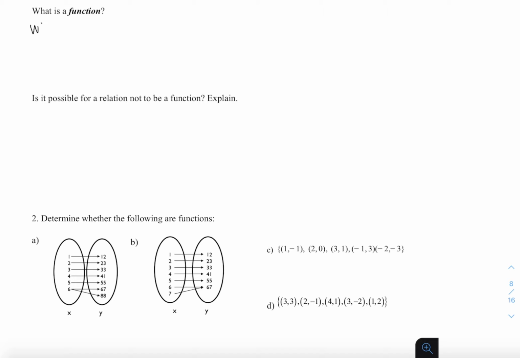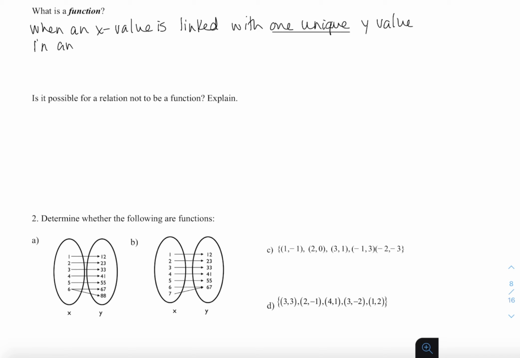A function is when an x value is linked with one unique y value in an ordered pair. How does that differ from what we talked about earlier? Let's do some examples.